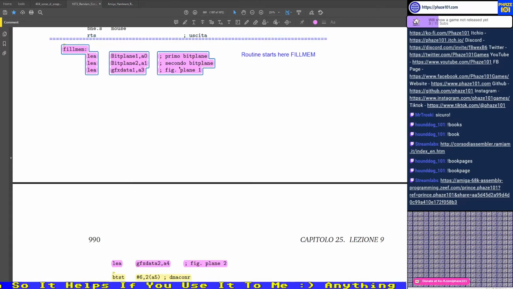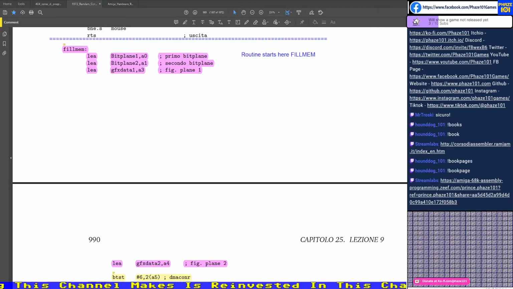So the routine filmem requires 4 things. I know you're seeing 3, but it's also this one below, okay? The routine requires the start address of bit plane 1, the start address of bit plane 2, the start address of the image bit plane 1, and the start address of bit plane 2 for the image.